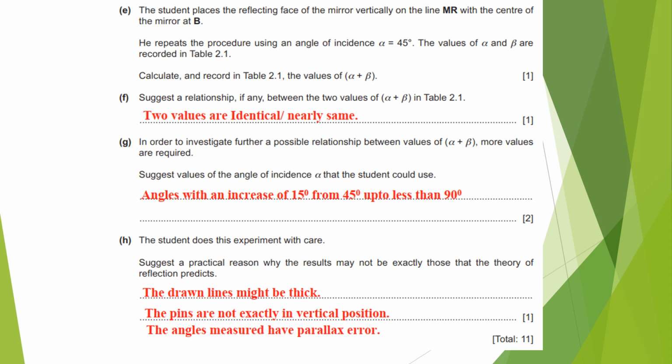Then question H. The student does this experiment with care. Suggest a practical reason why the results may not be exactly those that the theory of reflection predicts. However carefully the experiment was done, there are some errors.